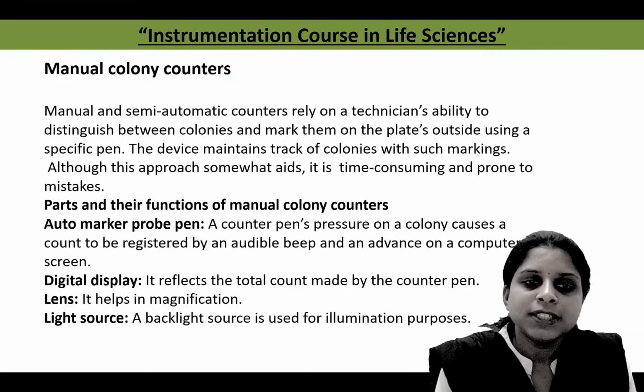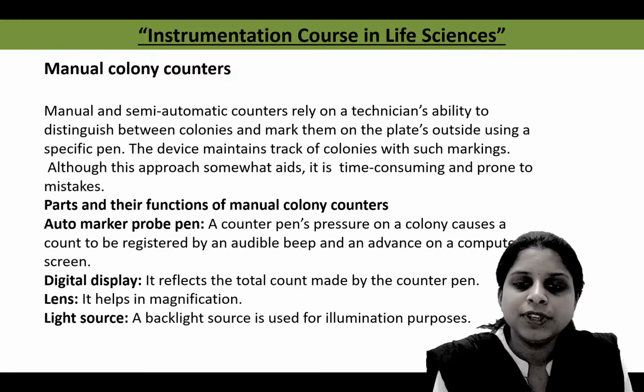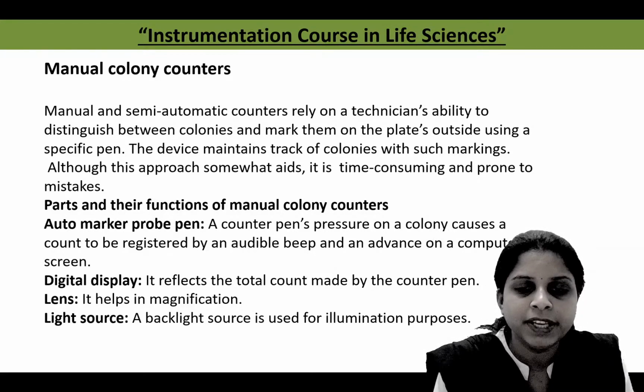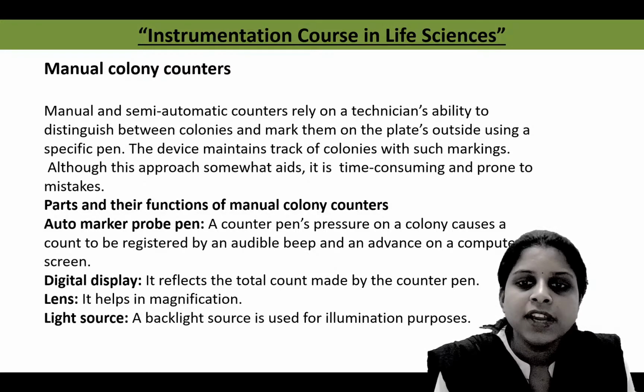There are some specific parts of manual counters and their functions, as follows. The first one is the auto marker probe pen, which is used to count the colonies. That is, a counter pen's pressure on a colony causes a count to be registered by an audible beep or sound and advance on a computer screen.